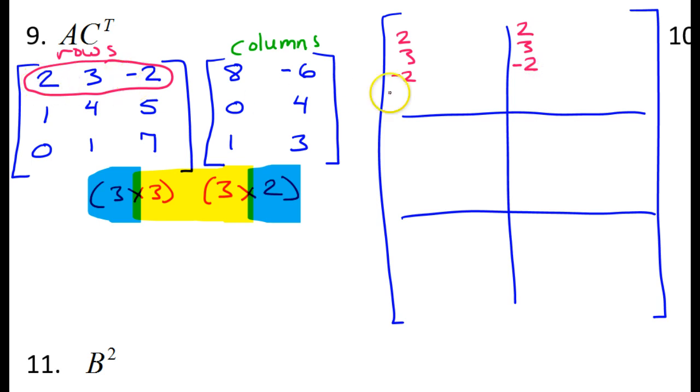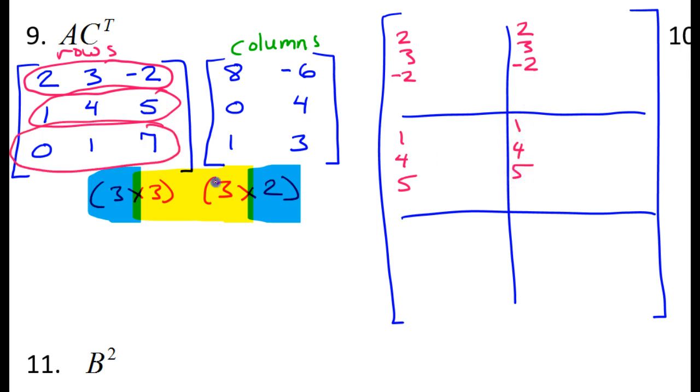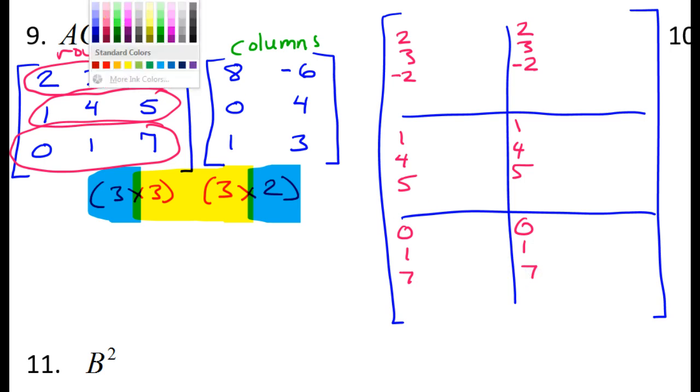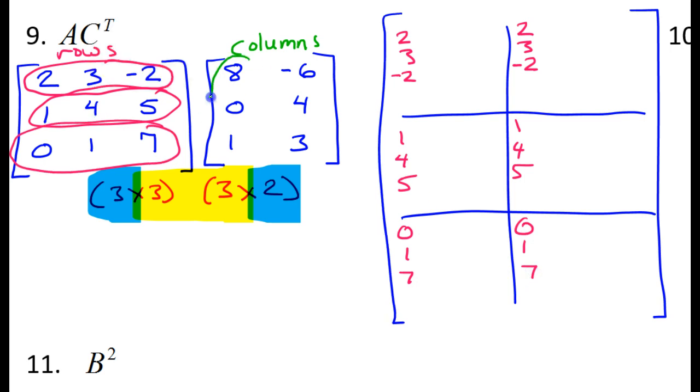Yes, even though it's a row, I wrote it vertically. That's just so that when I do my calculations, it will be easy to do. Now here's row 2. Row 2 will go across row 2. So 1, 4, 5. Now row 3 will go across row 3. So 0, 1, 7. Easy peasy lemon squeezy.